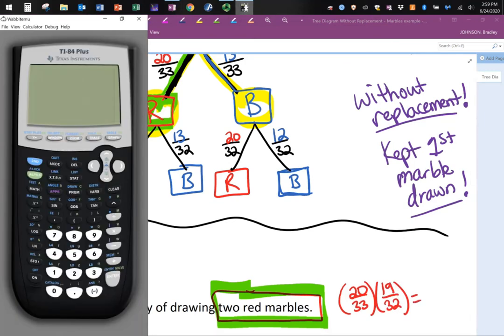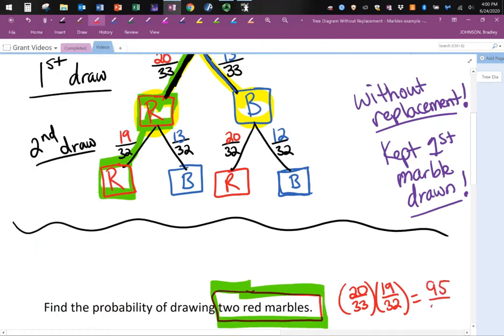So I'll take my calculator, I'll turn it on. I can put parentheses, 20 out of 33, multiply that by 19 out of 32, hit enter. Now we get about 0.3598. Now I like the exact answer, so what I will do is hit the math button, select number 1, hit enter, and I have 95 out of 264.